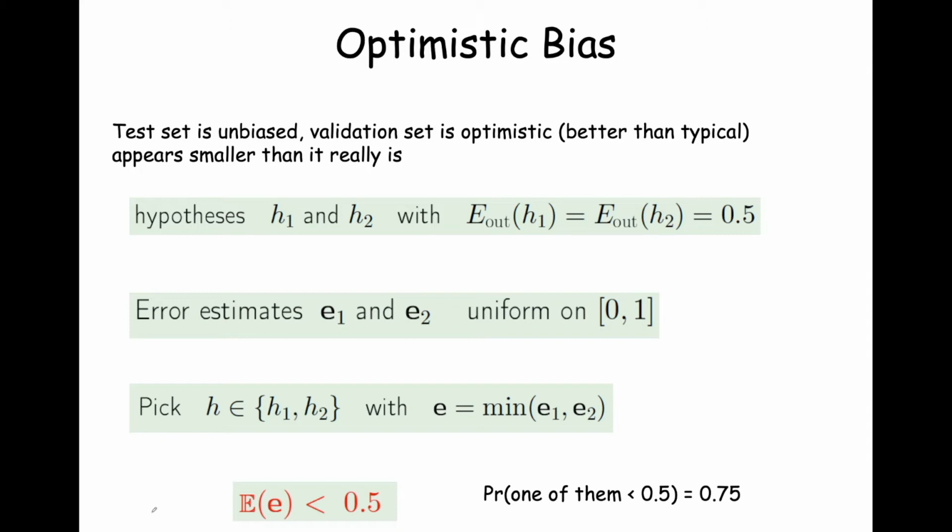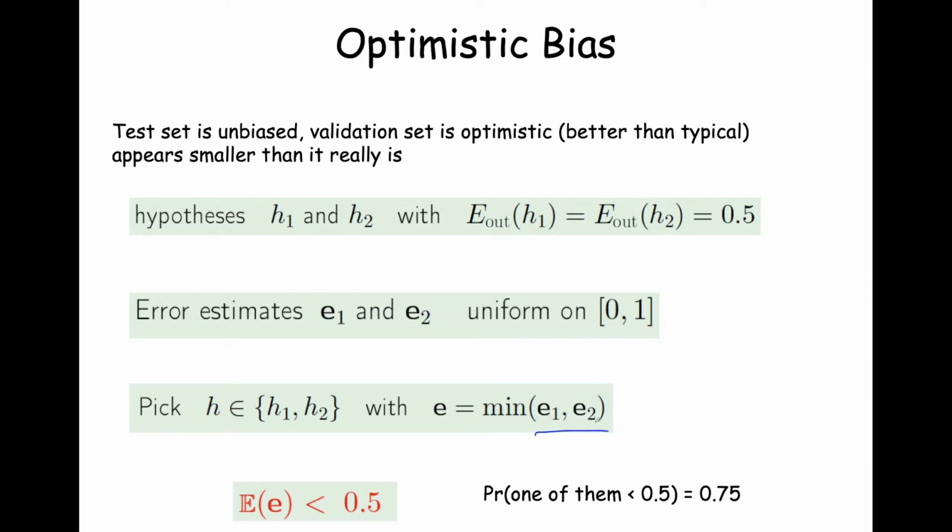And so if you're trying to select the best hypothesis from this set of two hypotheses, H1 and H2, well, certainly you're going to take the hypothesis whose out-of-sample error estimate is going to be smaller. So E is the minimum between E1 and E2.